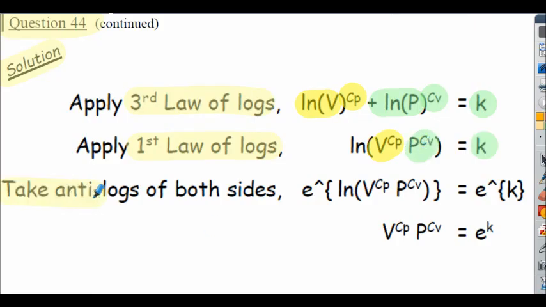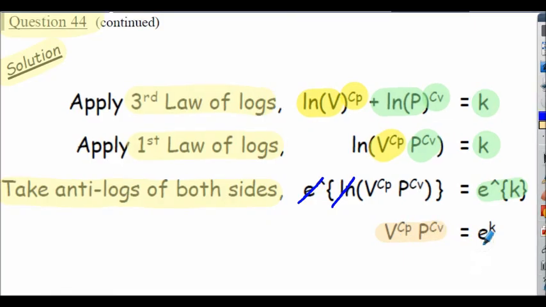Then taking anti-natural logarithms of both sides of the equation, exponentiating each side, the exponential cancels with the natural logarithm because they're inverse operations. On the right hand side we have e to the power of the constant k. So now I have a solution of v to the power of Cp multiplied by p to the power of Cv is equal to e to the power of k.